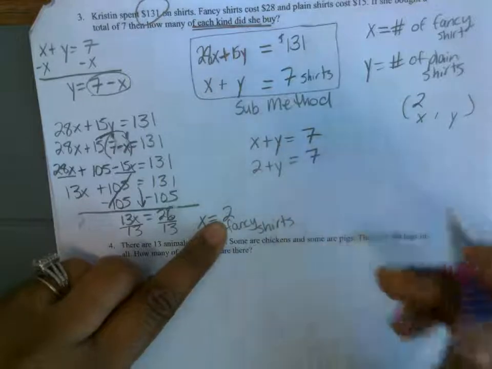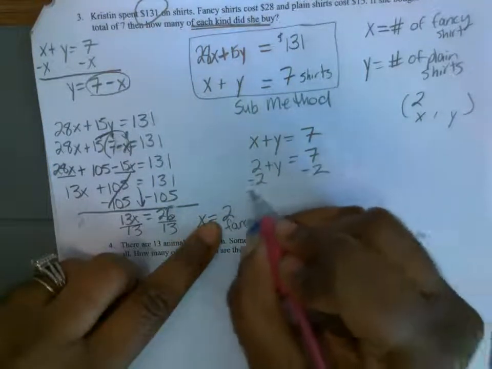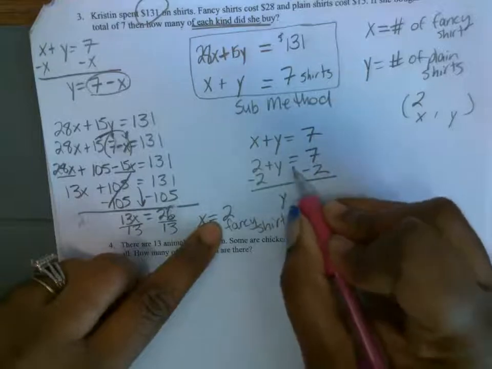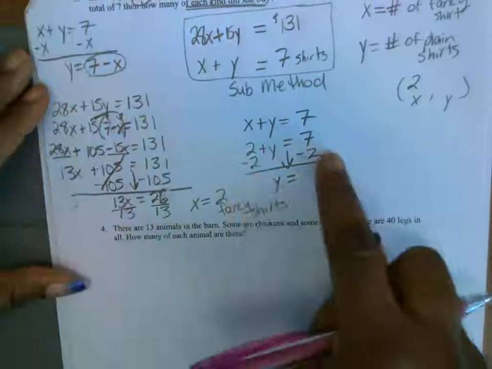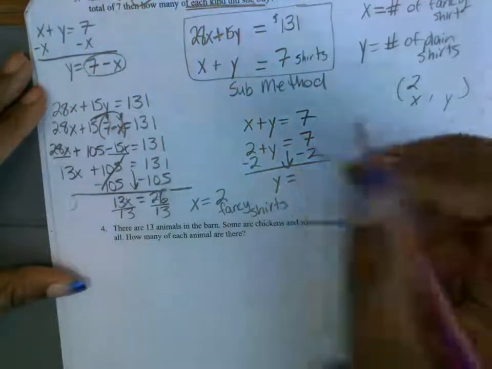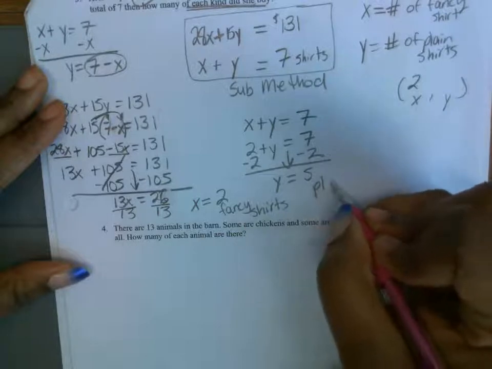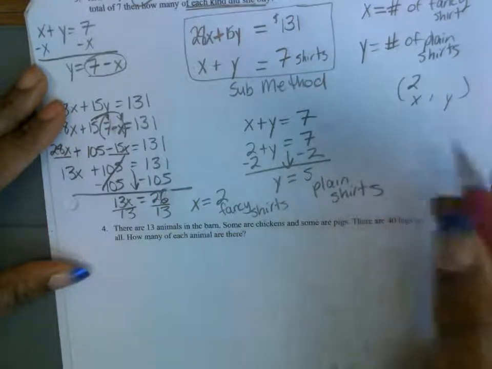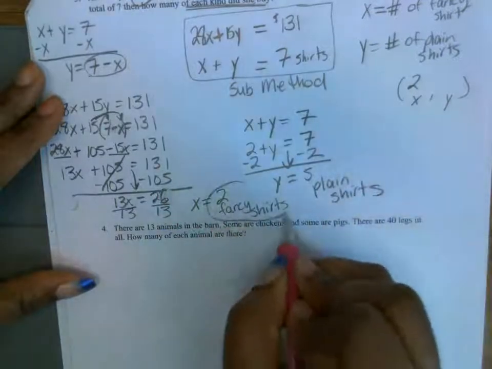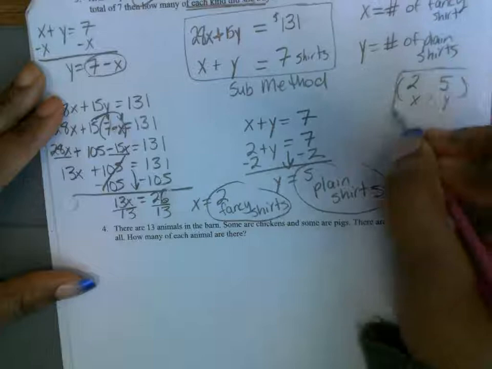And how many plain shirts is this going to be? When I subtract 2 on both sides, this gives me 5. So there are 5 plain shirts. Okay? 2 fancy, 5 plain. This is my solution.